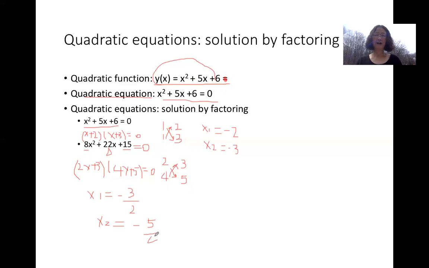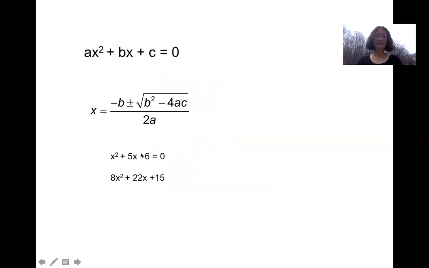Again, you can verify those solutions by plugging the solution into the original equation. Make sure the left-hand side equals the right-hand side, okay? So for factoring, you need practice. The more practice you have, the more confident you will be in factoring polynomials.